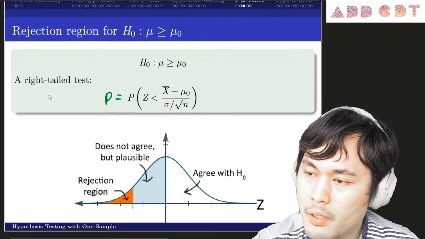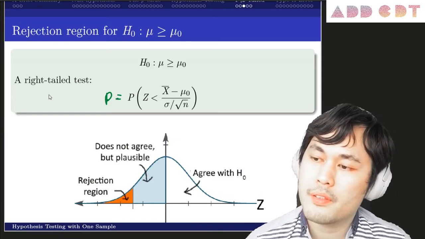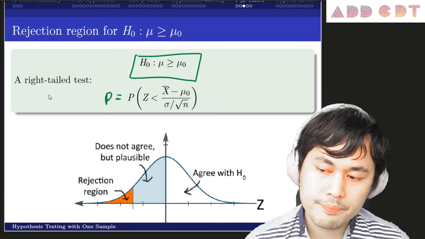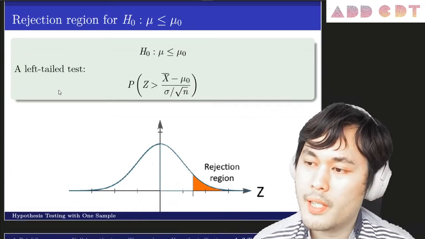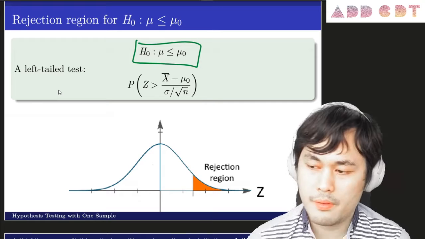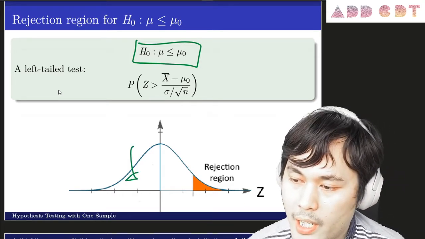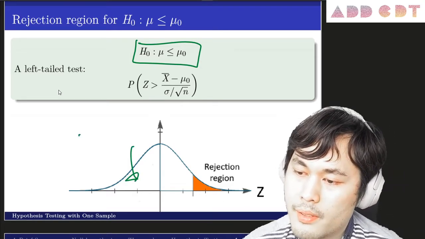And for the other side, if we believe it's greater than or equal to, we will test on the left. If we believe it is less than or equal to, we will test on the right, and then again it should have here. That agrees.